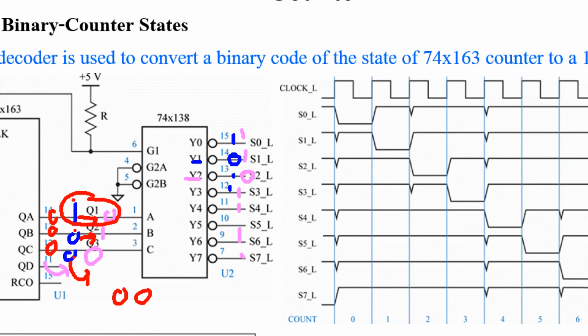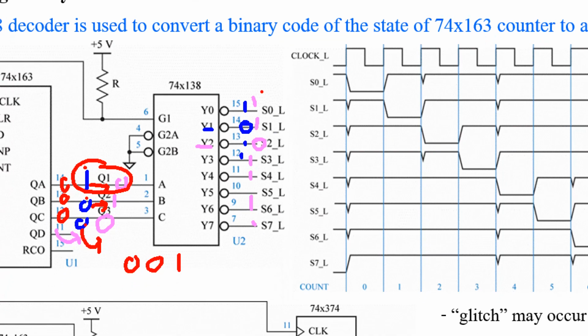Changing from 001, trying to change to 010, right? But if this bit changes faster, that means it will become 0 before this bit becomes 1, right? So it becomes 000 for a short period. That means Y0 will be active for a short period.